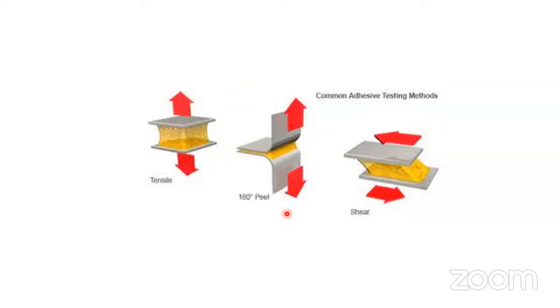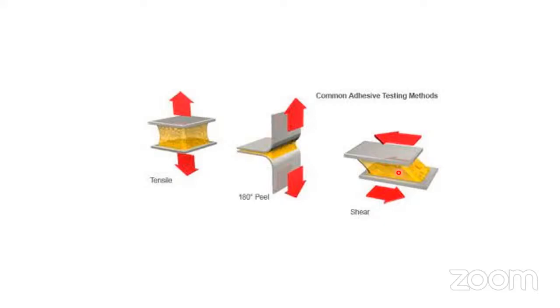Okay, so I think I should continue with this slide only. If you see the second one, this is also a test which is generally used to determine the adhesion properties of your adhesive materials. In that, if you see between the two plates, adhesive has been applied to stick the plates.